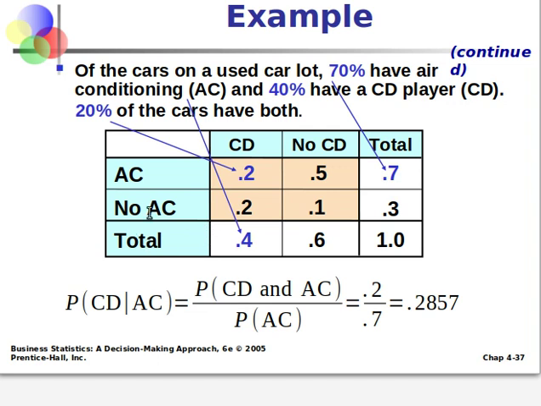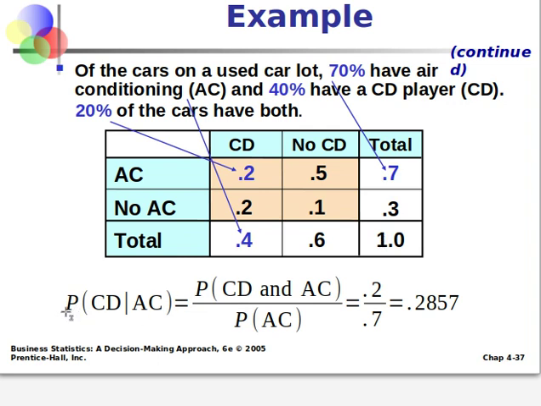No CD, no AC air conditioning, and no air conditioning. Ang CD and wala CD. Always the probability is 1.0.